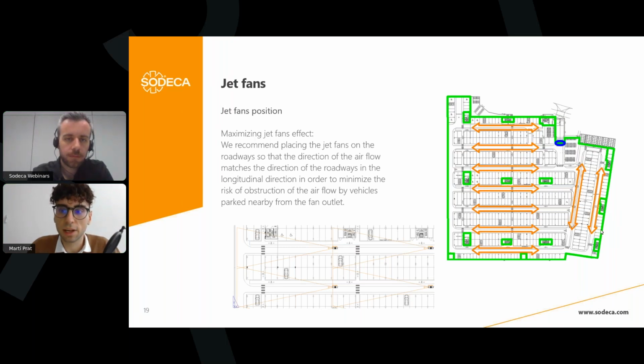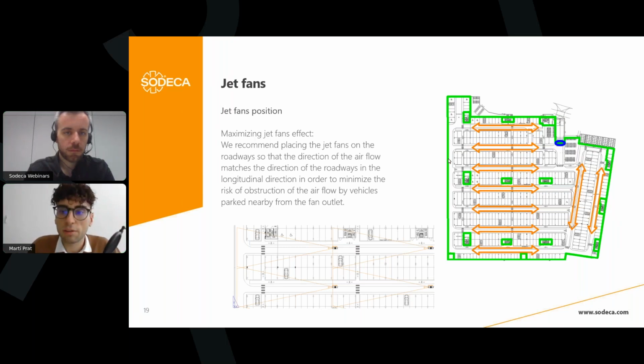We have the supply on the right and the exhaust on the left. If the fire is produced in the right area, we are pushing all the smoke towards the left, the extraction point, and the distance is so long that it has very high pressure losses, and we are filling all the car park with smoke with no need.